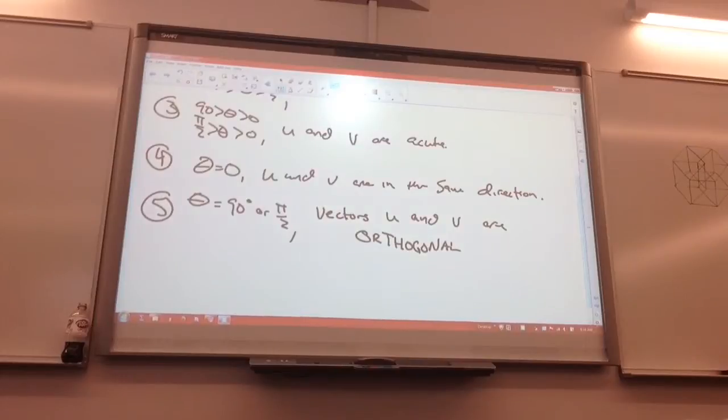The difference is perpendicular implies that you actually have two line segments. However, you do not require there to actually be a vector to be orthogonal. For example, if one of the two vectors was the zero vector, which is just a single point on the graph, the zero vector is technically orthogonal to every other vector.